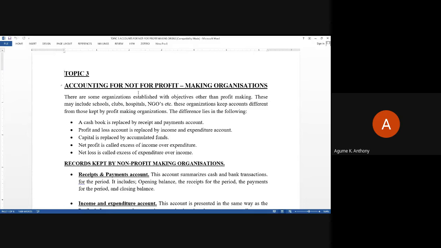And the difference lies in the following. One, whereas profit-making organizations prepare a cash book, in non-profit, it is replaced by the receipts and payments account.